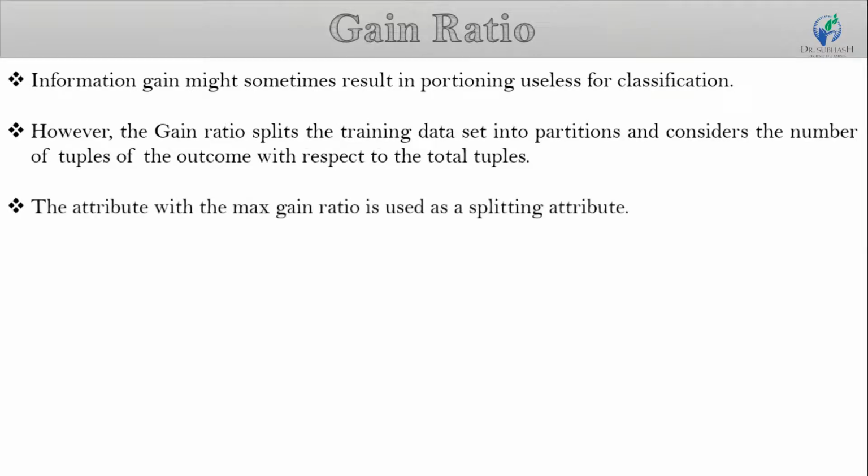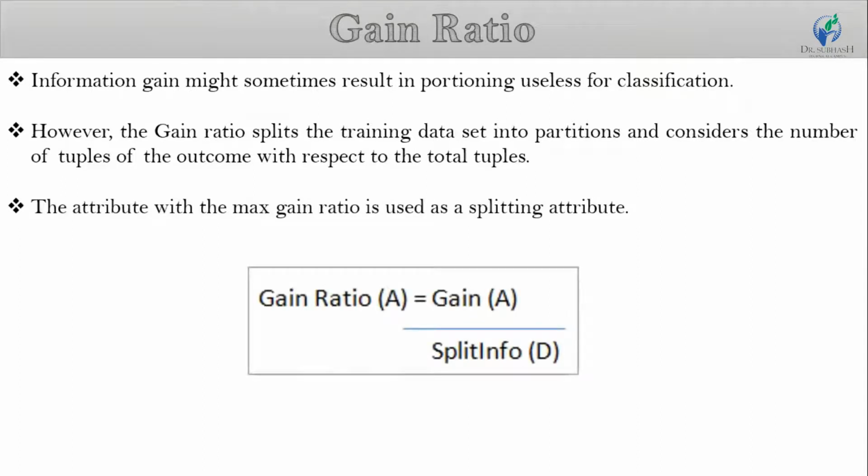The attribute with the max gain ratio is used as the splitting attribute. For that, we use this equation: gain ratio of A is equal to gain of A divided by split info of D.